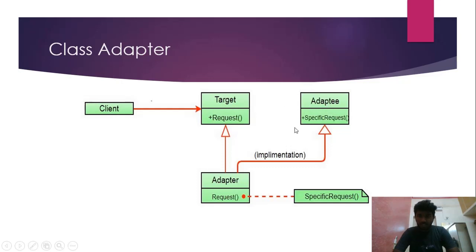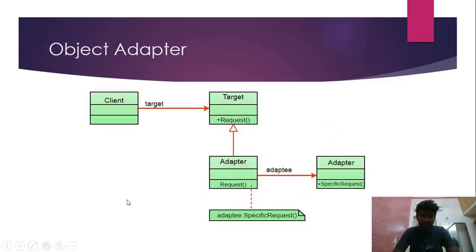So to make this adaptee work together with this target, we use an adapter. This implementation is done through inheritance. So in class adapter, it allows overriding, but it can't adapt the subclasses of the adaptee.